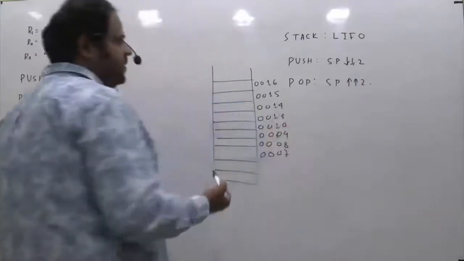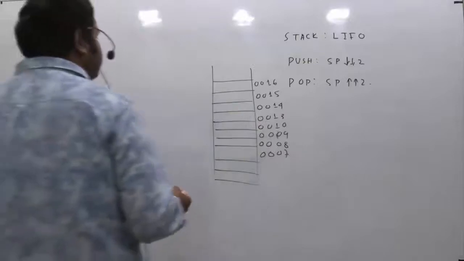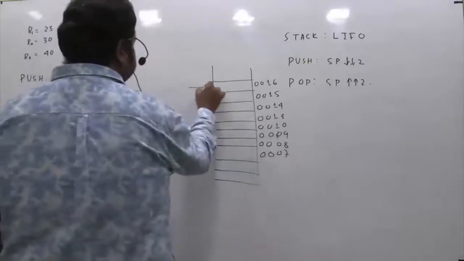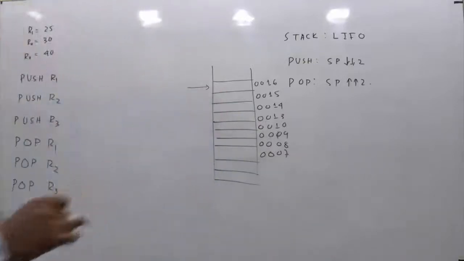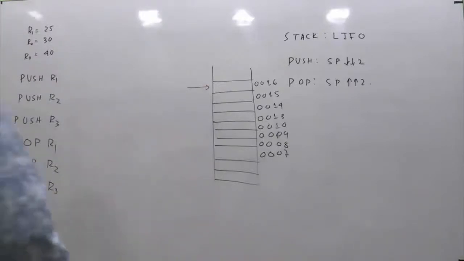Let's say initially the stack pointer is pointing to 0016. These are not given, only for understanding purposes I am taking them.